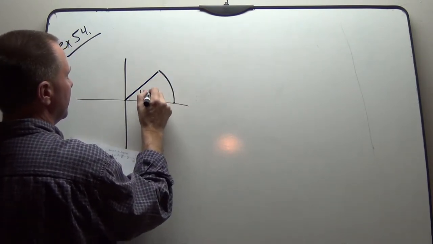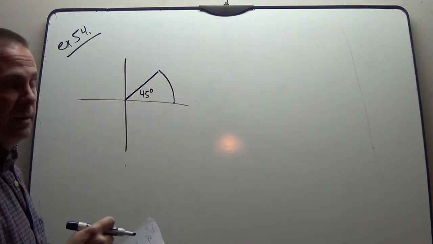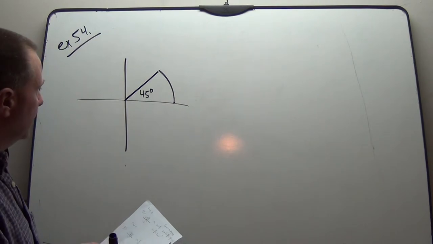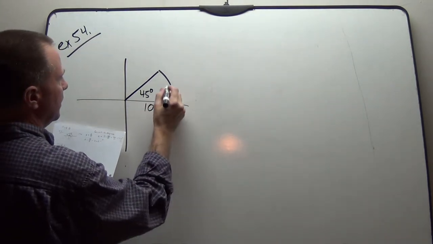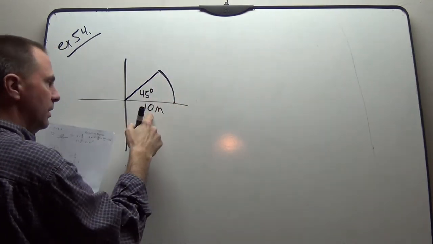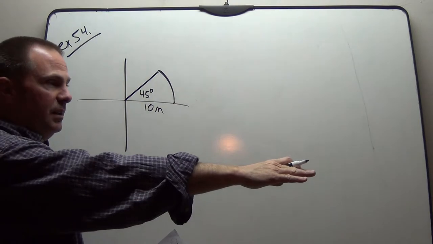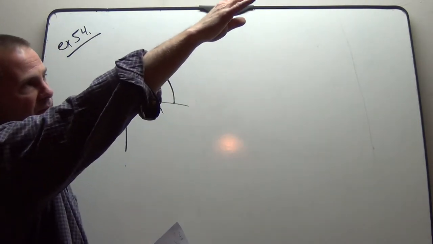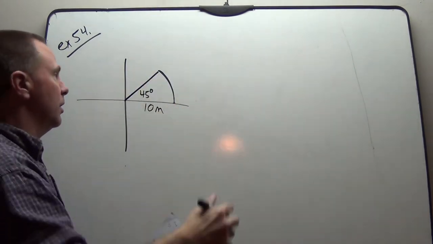So this is 45 degrees. Notice it's in degrees. We need to convert that into radian measurement, and the radius is 10 meters.